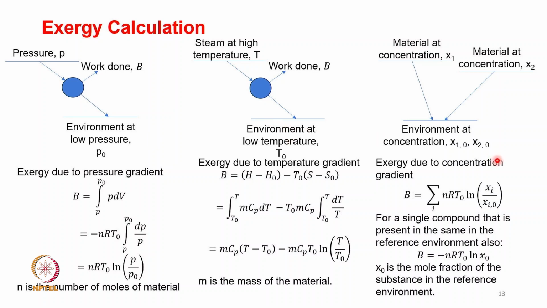Here B, the variable for exergy calculation, is computed as nRT naught ln (x by x naught), where for a single component this is the same as the reference variable, which would be B equal to minus nRT ln x naught. x naught is the mole fraction of the substance with respect to the reference environment. So these are the three expressions we typically use, depending upon the scenario; we can choose one of these.